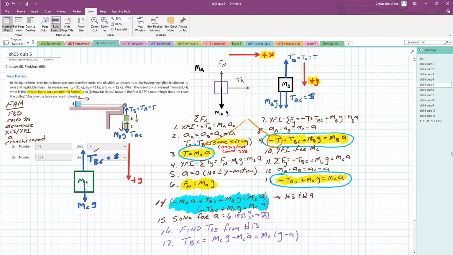MCG. That looks good. And I know what A is. Times MC, 43.4. Okay. This is the answer to part A.